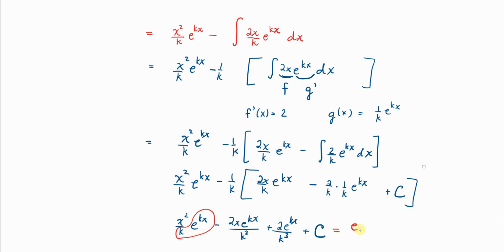So e to the kx over k, and what you have left is x squared minus 2x over k plus 2 over k squared, plus a constant, of course.